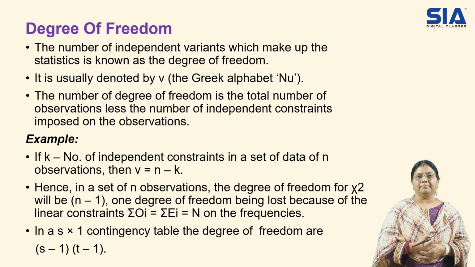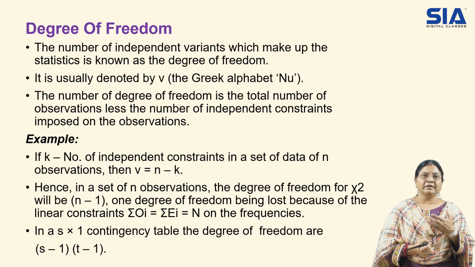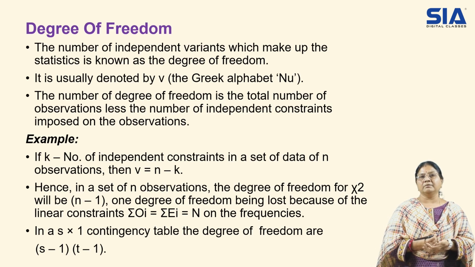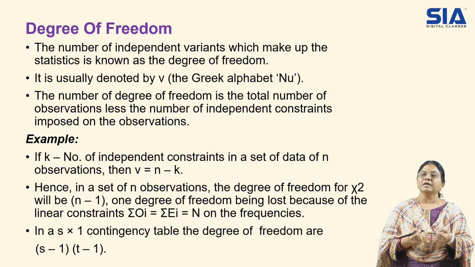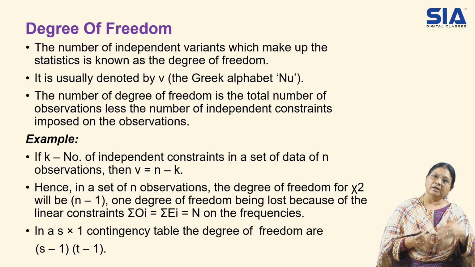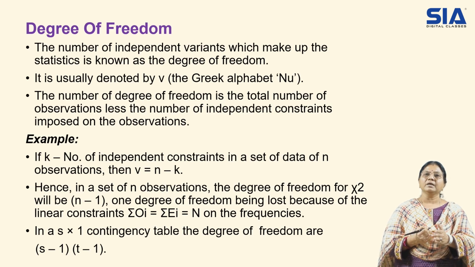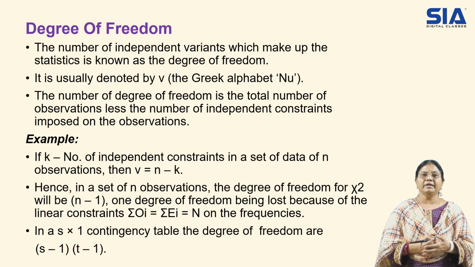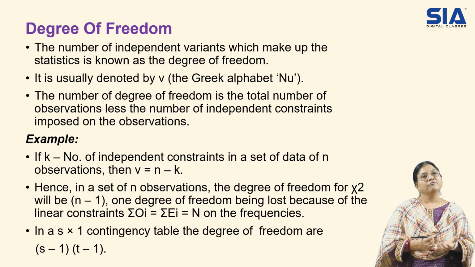Now, degree of freedom. When we are collecting the data, for more accuracy, we try to cut down the sampling errors. Whatever errors we may be getting, we try to see that they are cut down. So we talk at the level of significance like 1% or 5%.